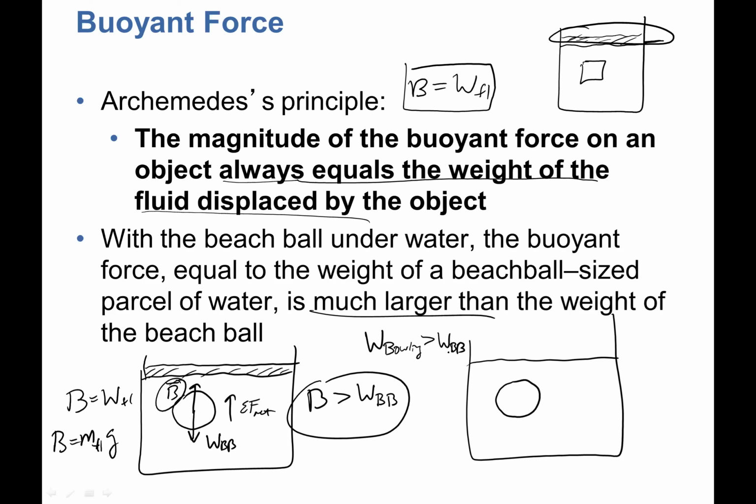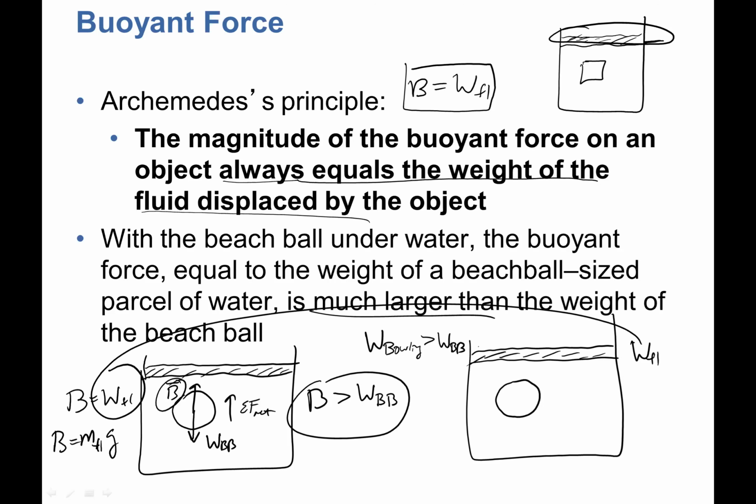If I put the bowling ball inside water, it also displaces some of the fluid. Does it displace more fluid because it's heavier? Well, it doesn't. That's the interesting thing about it. If I collect this water, it's exactly the same as before.